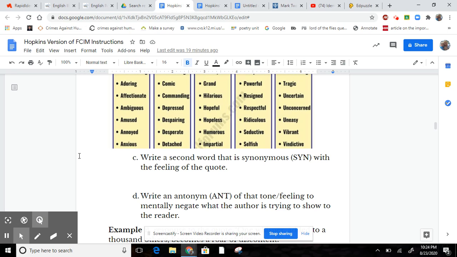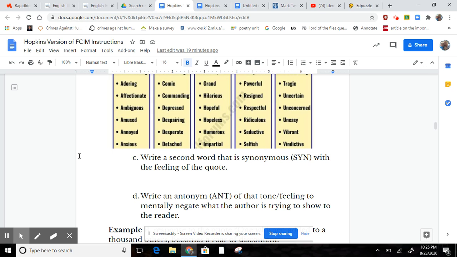All right, to expand your thoughts even further on the idea of how the author's feeling, I want you to think of a synonym that actually fits that emotion. So you're going to write a second word, a second tone word that's synonymous, means the same with the feeling of the quote.